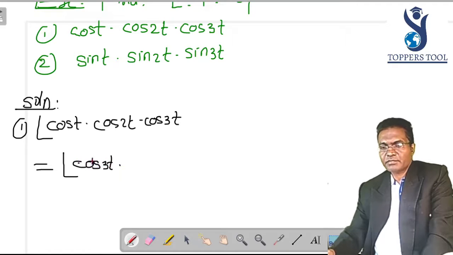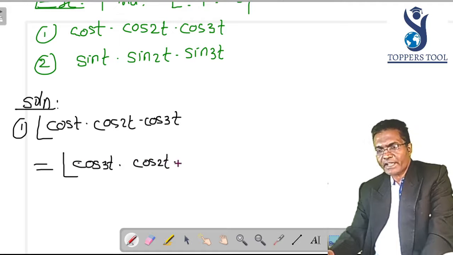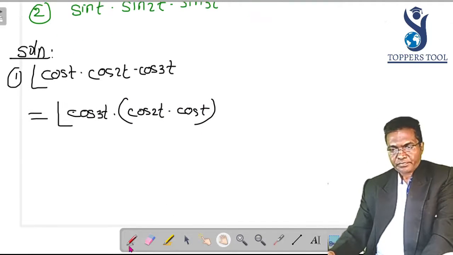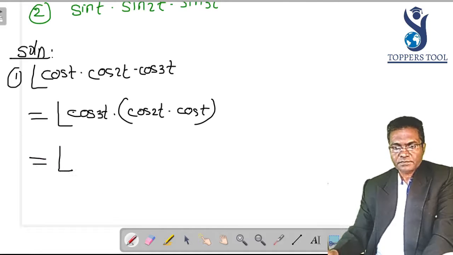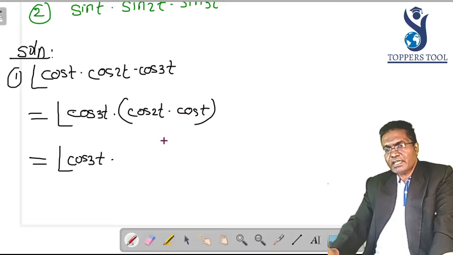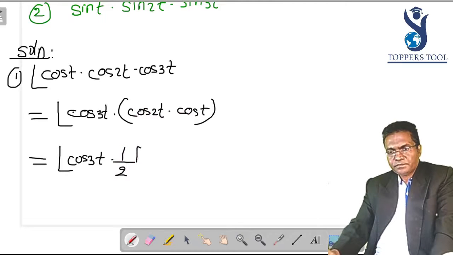First I write the term with the bigger angle, cos 3t, because that helps in some way. I can rewrite it as cos 3t into cos 2t into cos t. L of cos 3t as it is, apply the transformation formula for this. As I mentioned earlier, cos A into cos B is 1 by 2 times cos of A plus B, that is 2t plus t is 3t, plus cos of A minus B, that's 2t minus t is t, that we did earlier.